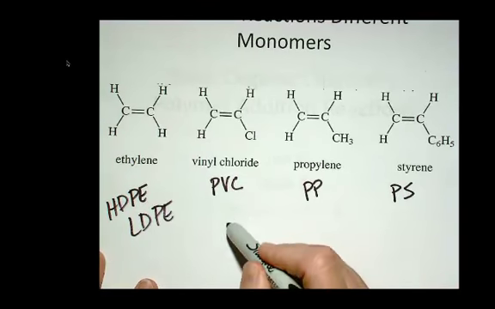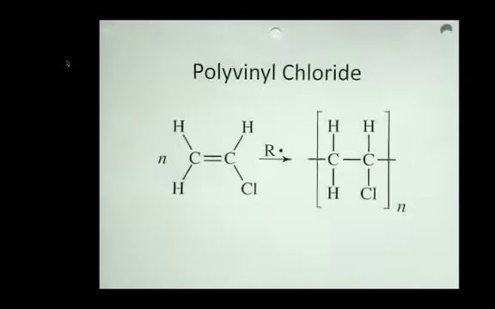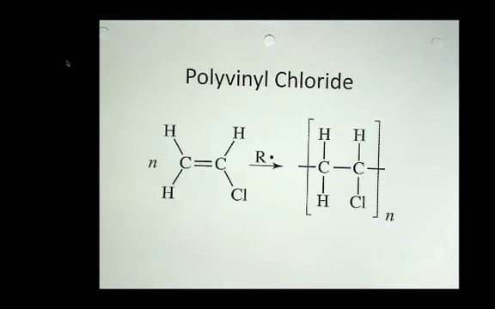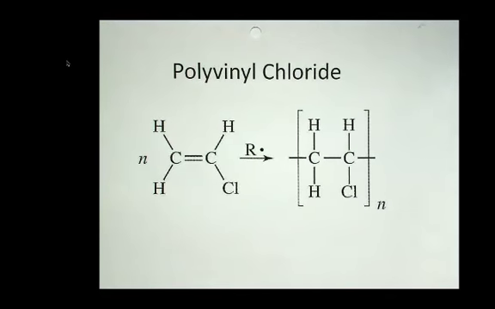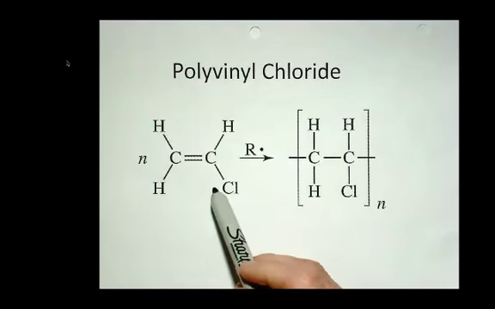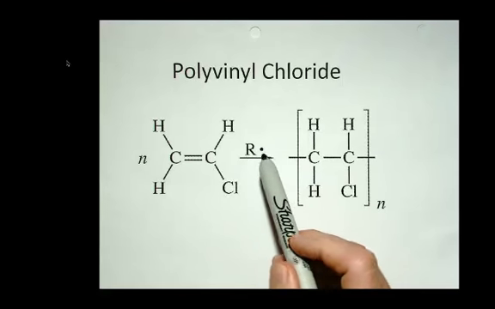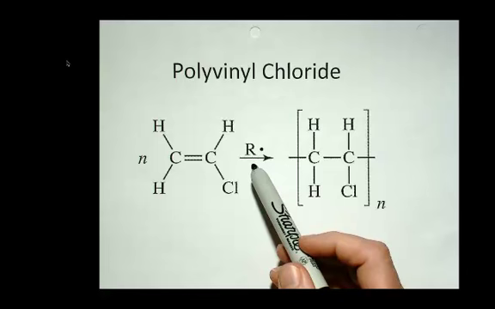So let's just take a closer look at the addition reaction for polyvinyl chloride. It looks very much like the addition reaction for polyethylene. In this case, we have N number of monomer units. We've added an initiator. In this case, they put it over the arrow instead of making it a reactant.